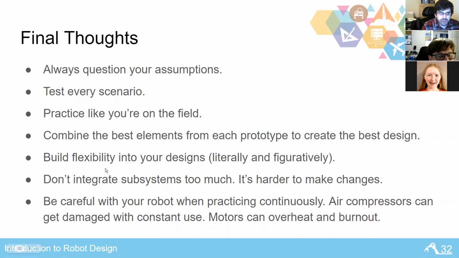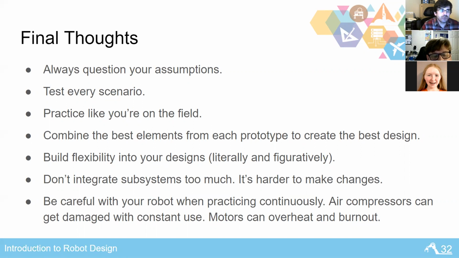The next bullet point, don't integrate your subsystems too much. It's really pretty awesome when you see a robot that has really done integration well. It makes it very sleek, very beautiful. Maybe it uses fewer motors than a different design that's less integrated.